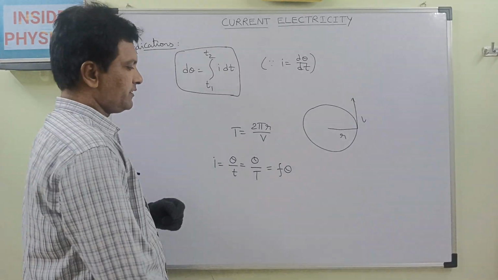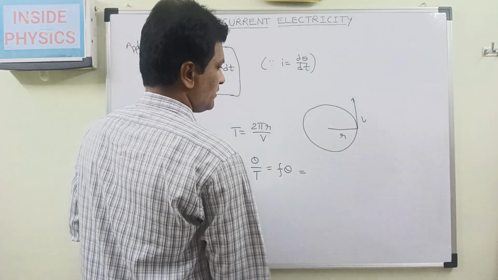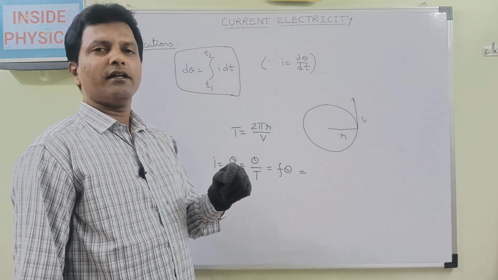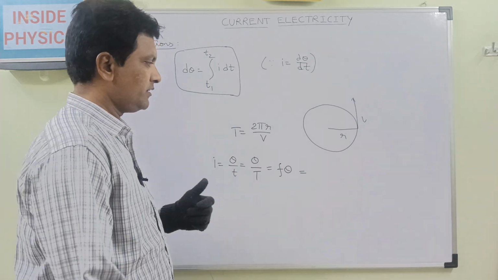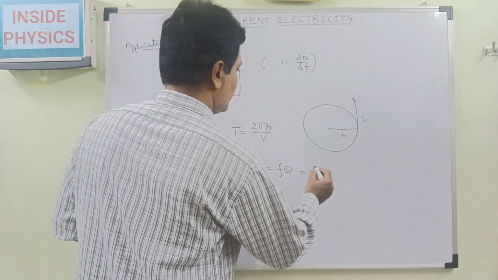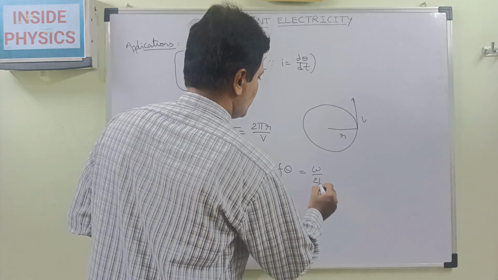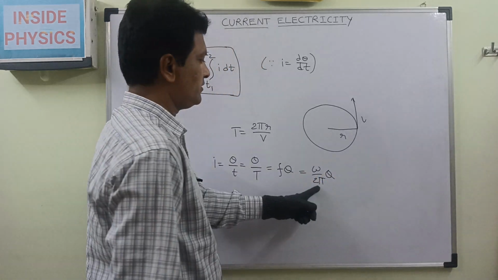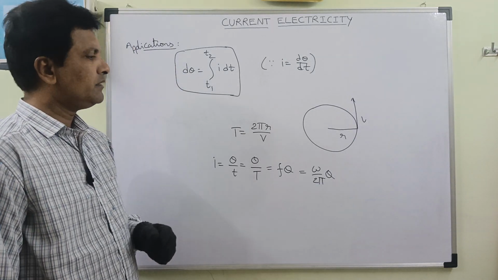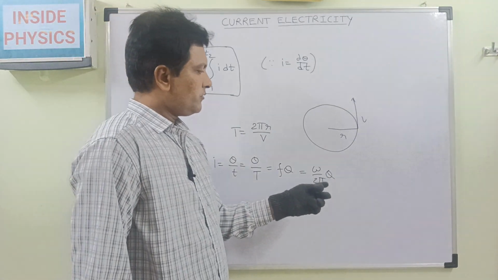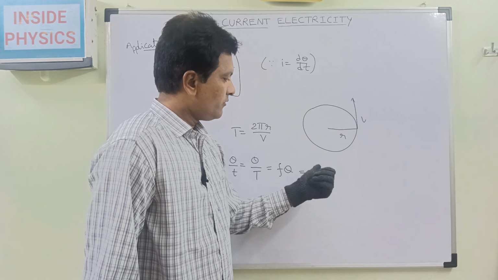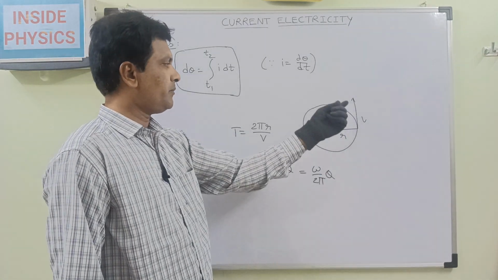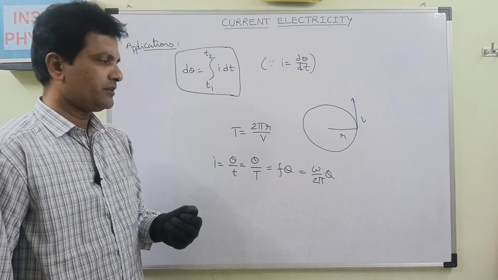What is the frequency in circular motion? If omega is the angular velocity, the frequency is omega by 2 pi. So the current is omega by 2 pi into q. This is the relation for electric current when a charged particle is moving in a circular path.